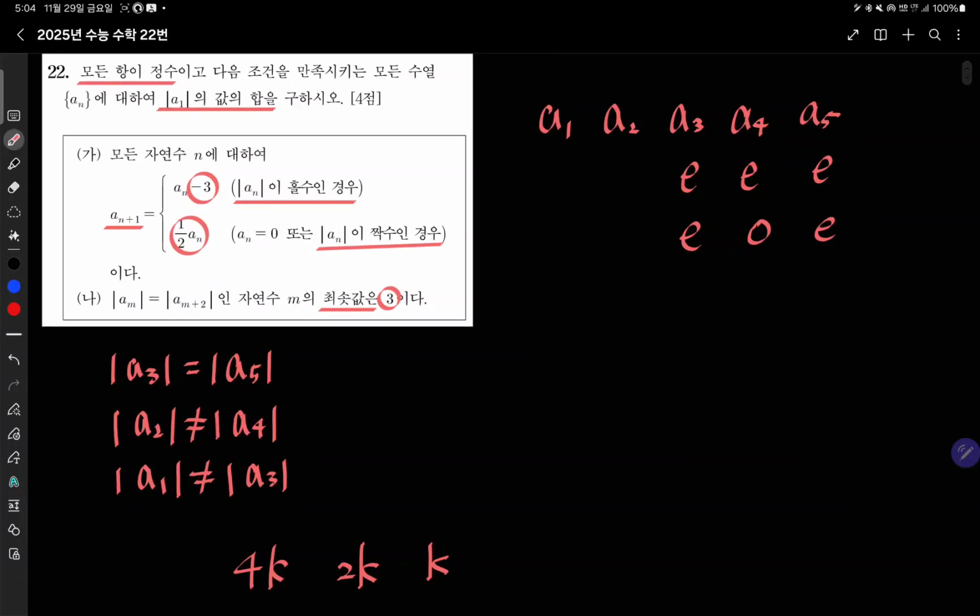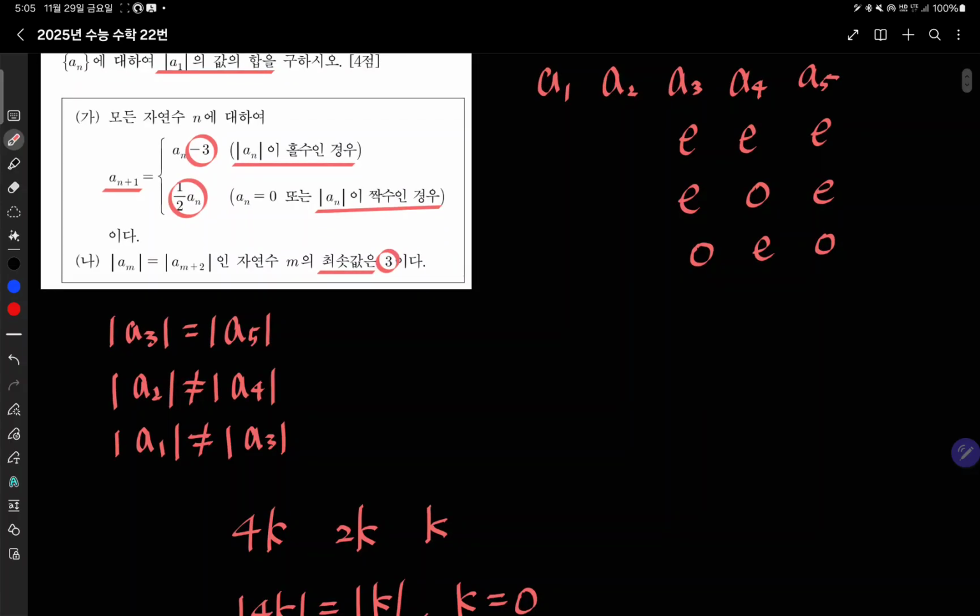And these three terms cannot be all odd numbers because odd minus 3 becomes even. So if the third term and fifth term are odd, the fourth term should be even.